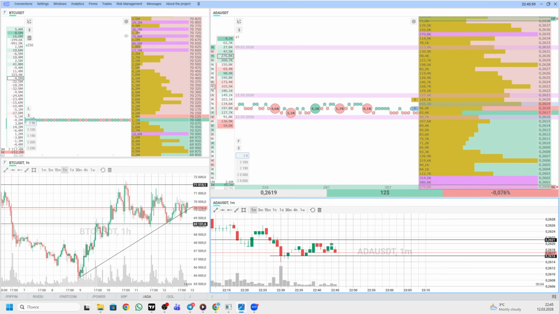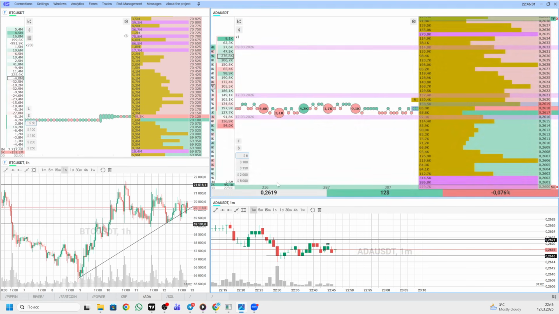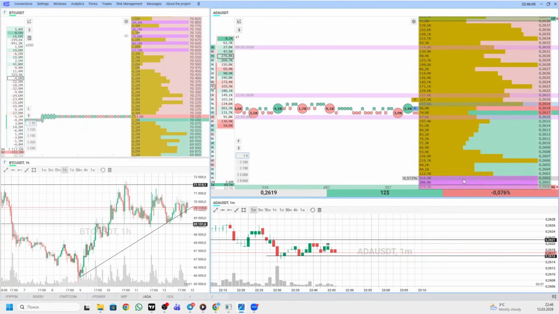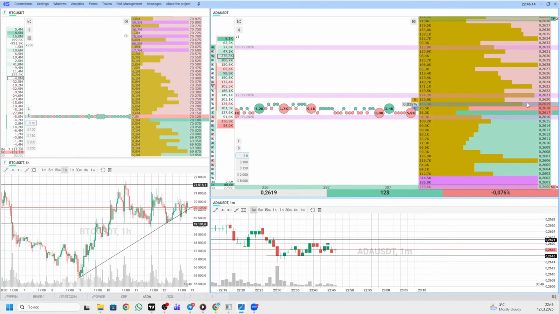What is our entry point? As I said, this is the price where our entry point is. And you can see it here as well. You see there is a blue line here. So this is our entry point.